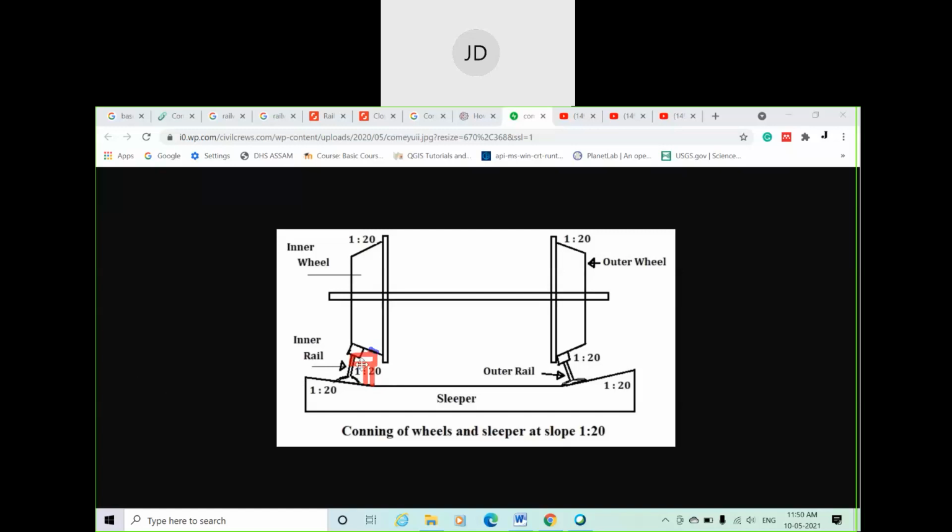Now, by providing a tilted rail, your point of contact increases, right? You can see the point of contact increases. It gives more stability. Clear? This is called tilting of rail. So why is tilting of rail provided? To minimize the disadvantages of coning of wheel.